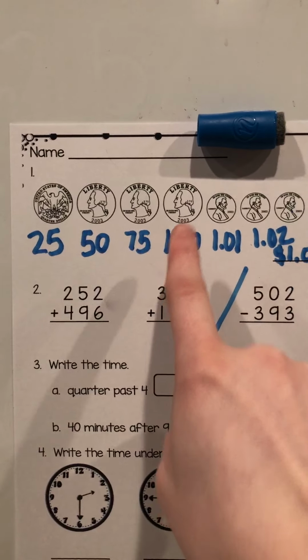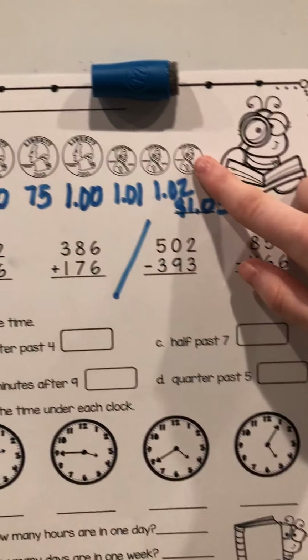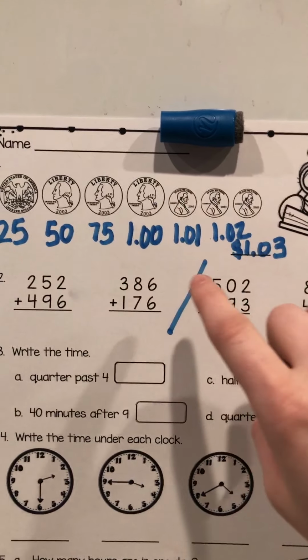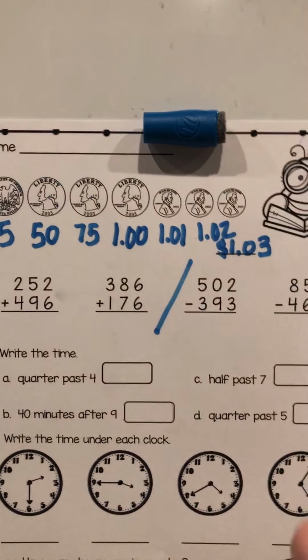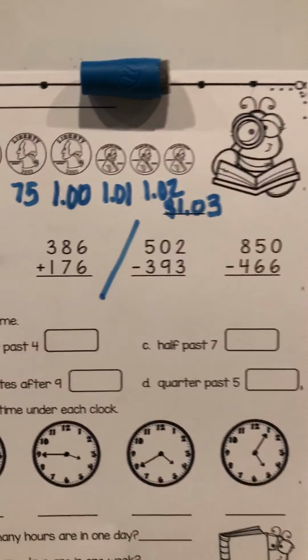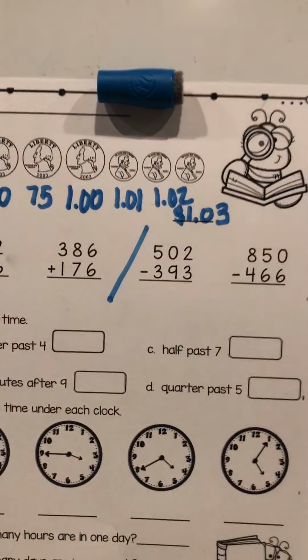So we know that we have $1 in our quarters. And then we have 3 pennies. So we're going to go $1, 1 cent, $1, 2 cents, $1, 3 cents. And we're going to remember when we write our answer, we're going to remember our dollar sign.